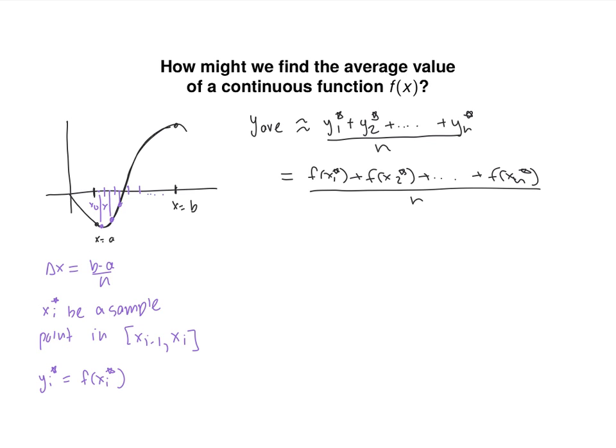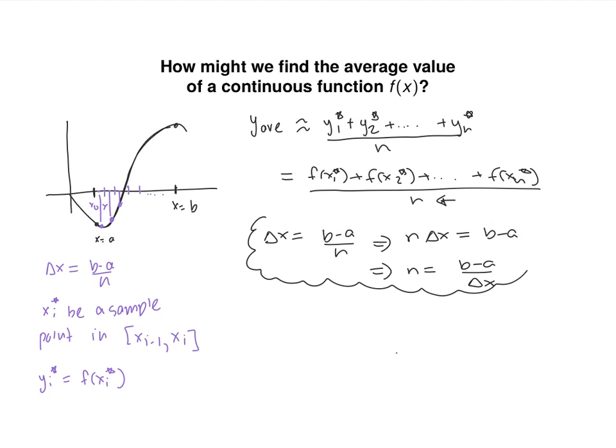And the little bit tricky thing here is you're going to actually replace this n by something. To do that, you're going to use the fact that delta x is (b minus a) over n. So that implies that n times delta x equals b minus a, which implies that n is equal to (b minus a) over delta x.